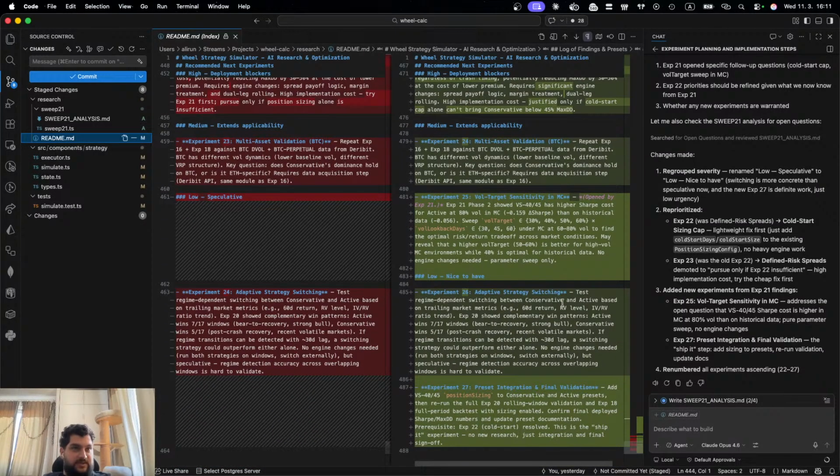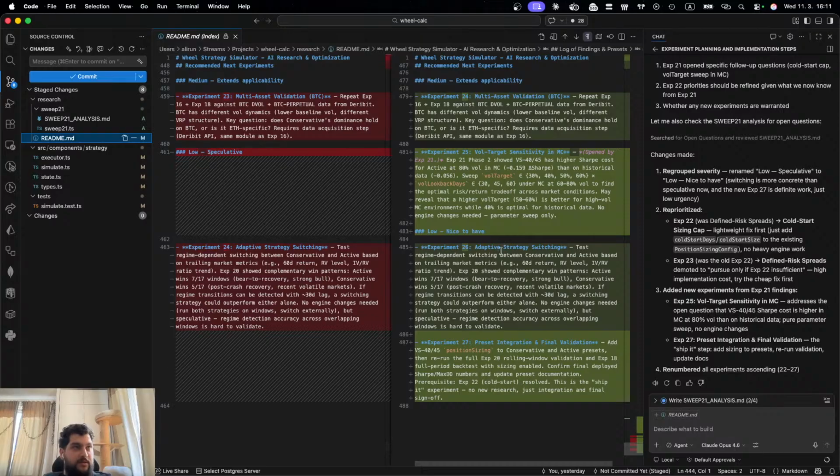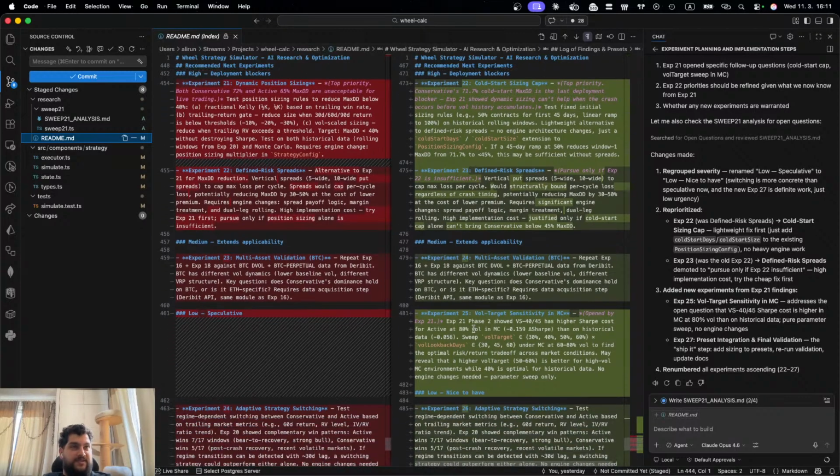So adaptive strategy switching remains here. There is a new one. There are basically 3 new ones.